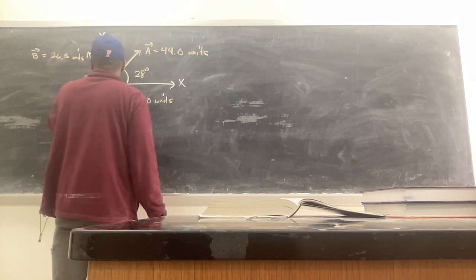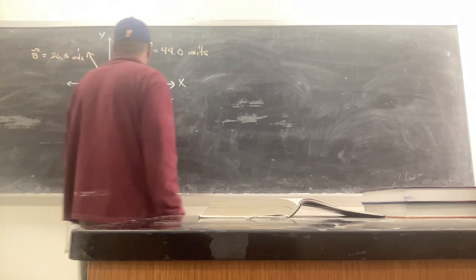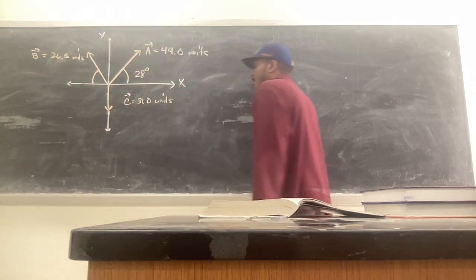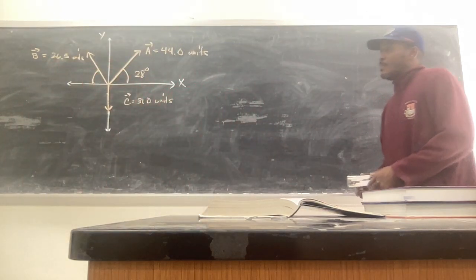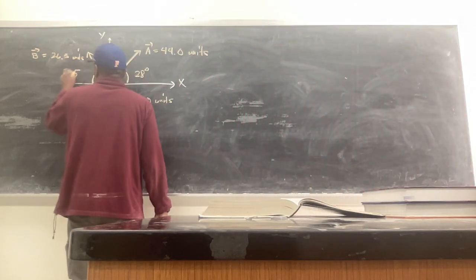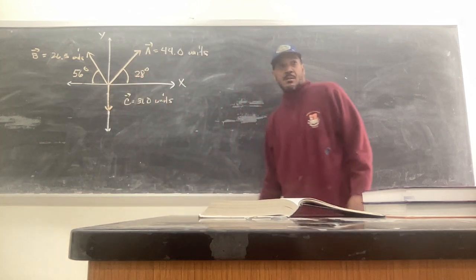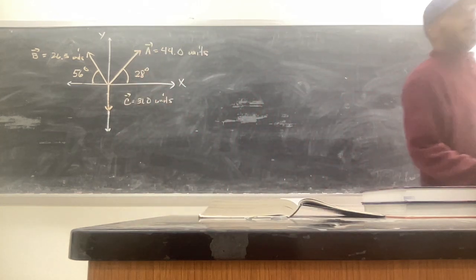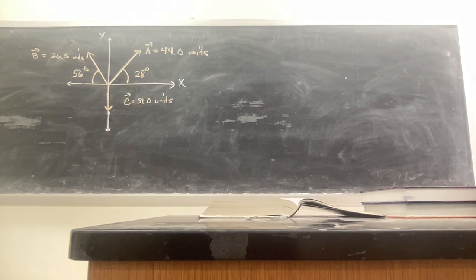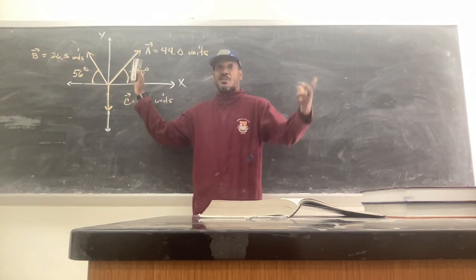So B points in a direction what? 56 degrees, right? And I should have said north here, but I just assumed.